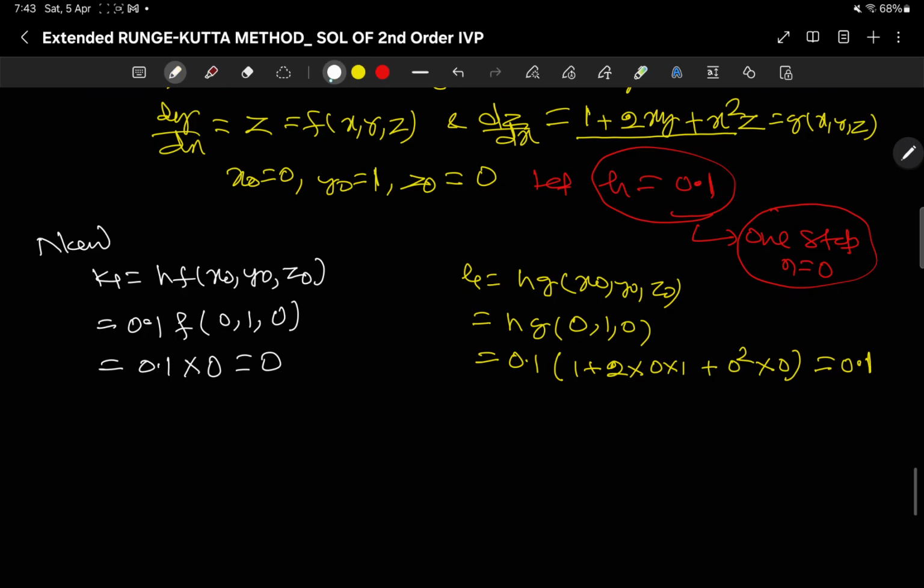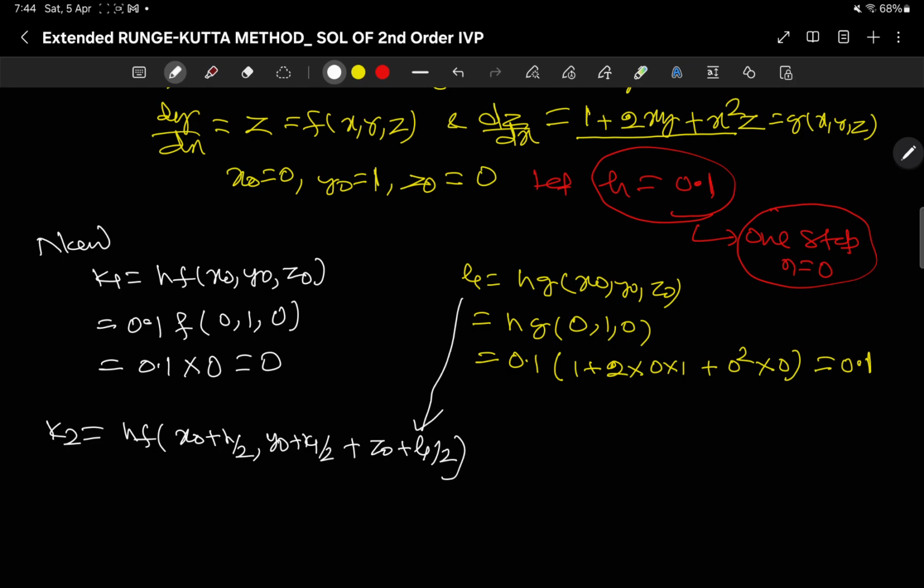Now I find what is my k2. K2 is my h f(x0 plus h by 2, y0 plus k1 by 2, z0 plus l1 by 2). So this l1 will come from this l1.